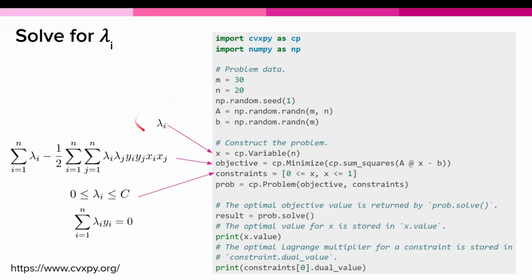The variables would be your lambdas, and for the objective, that's what you would plug in there. The only difference is now you have an upper and a lower bound on lambda, so you'd have three constraints if you include this one. Lambda would have to be non-negative, and lambda is upper bounded by C. So really similar.